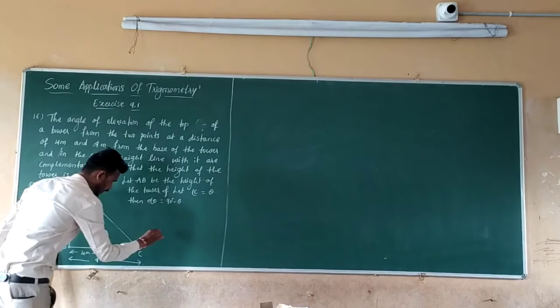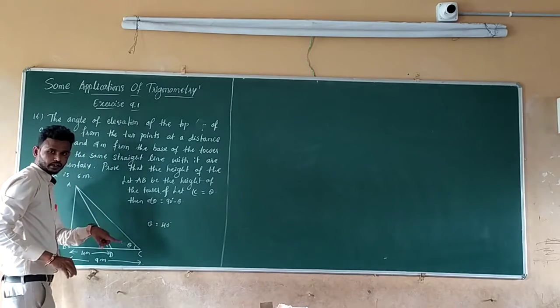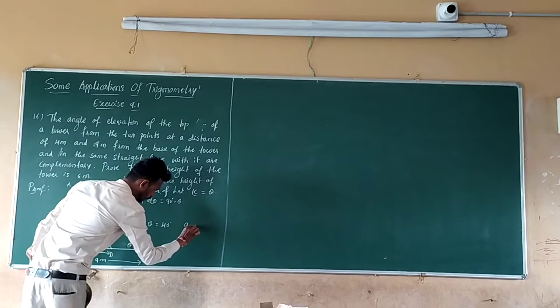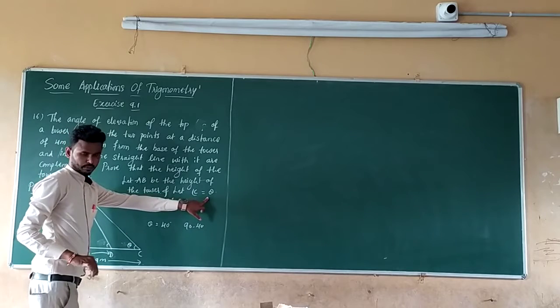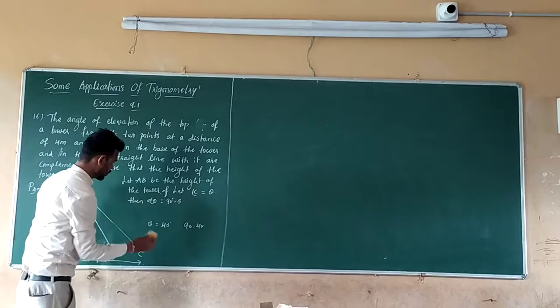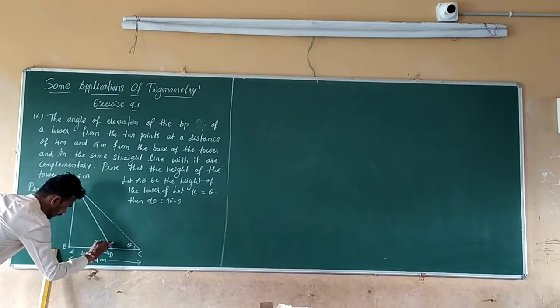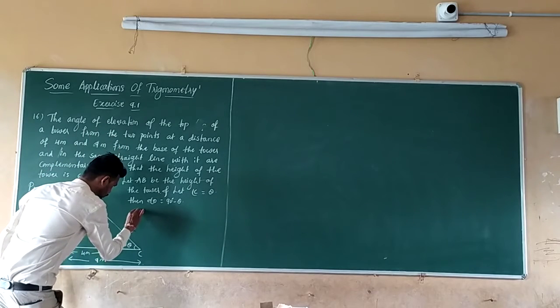That means if theta is 40 degrees, then the other will be 50, because the sum of the two angles is 90 degrees. How do we get that 50? 90 minus 40. So if one is theta, the other will be 90 degrees minus theta. Now what do we need to prove?